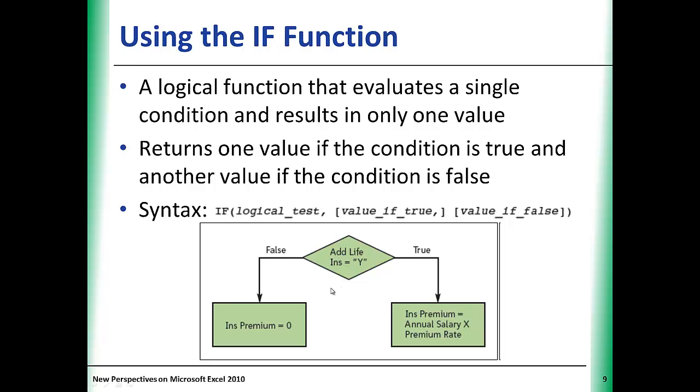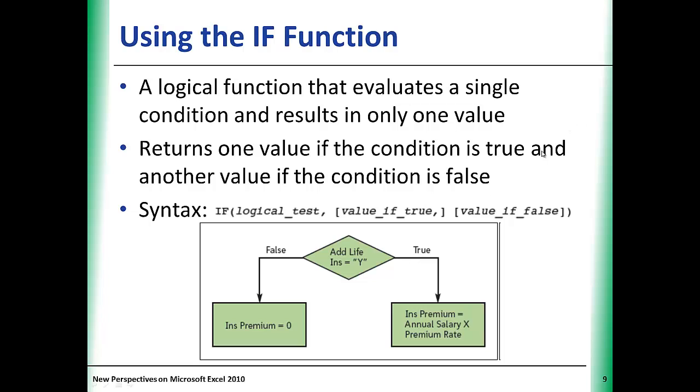So here we see a diagram of what we're going to be doing in the actual worksheet. We're going to create a column where we test the condition: does Add Life Insurance equal Y?